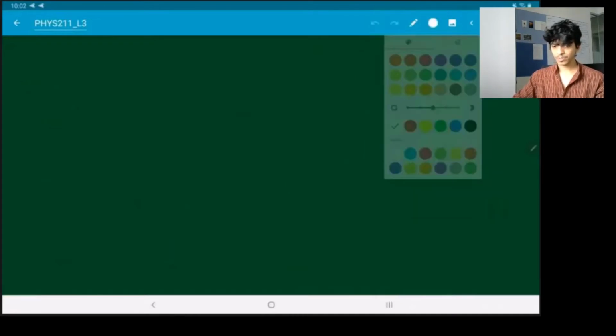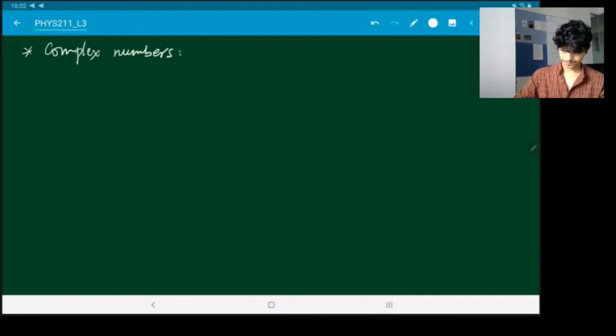So now the next topic we'll discuss over here is the use of complex numbers in analyzing AC circuits. So first, let's quickly review complex numbers. So in general, a complex number is defined as x plus iy, where i is square root of -1.